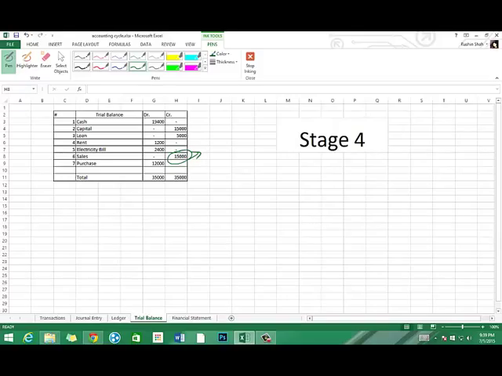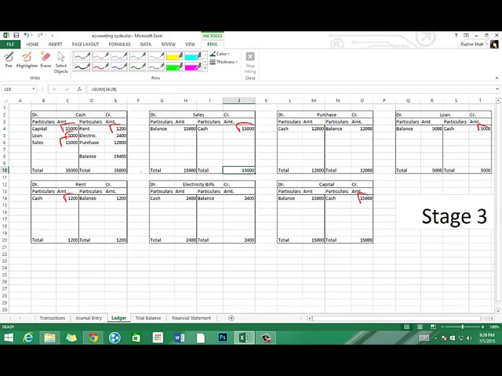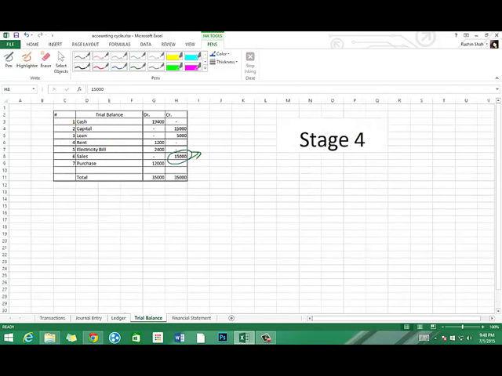So the trial balance is basically a total of all the balances from the ledger. Here if you look at the cash account, the cash account balance is 19,400. As it is a debit balance, mind well friends, it needs to be written here on the debit side.